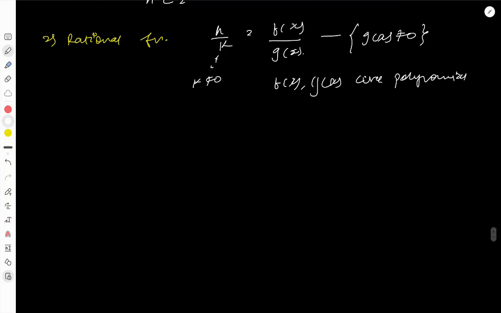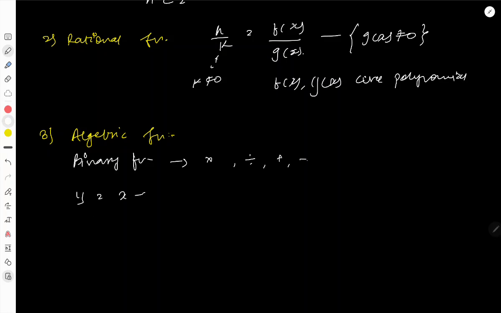So the third type of function is an algebraic function. An algebraic function is, I can say, a binary function that deals with multiplication, division, addition, or subtraction.